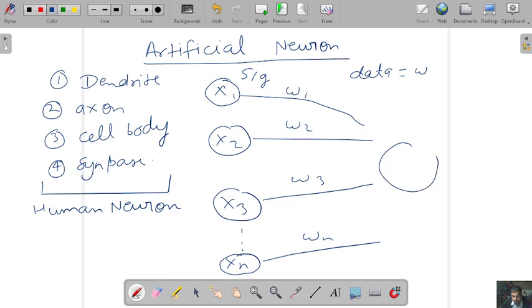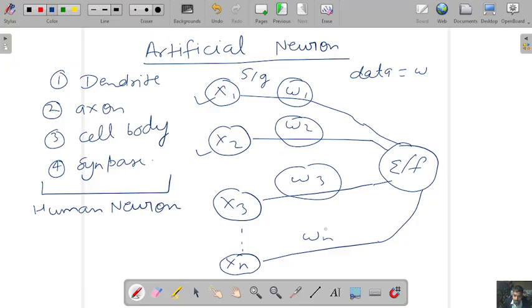So here, okay, this is summation, means here any signal that have some bits, means some information, then it is all summation, means it is phi and a y, means this is the output.